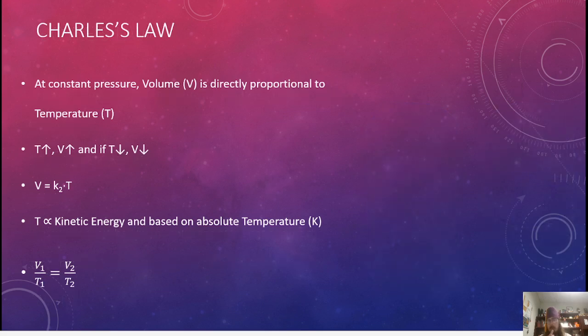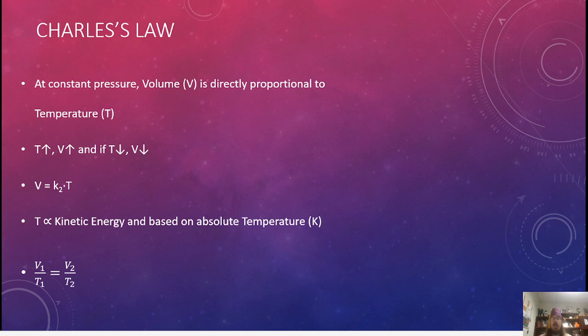Charles, working along with another scientist by the name of Gay-Lussac, developed these further relationships, that at a constant pressure, volume is proportional to temperature. Gay-Lussac came up with at a constant volume, pressure is proportional to temperature, but we kind of forget him because all you need is volume and temperature.